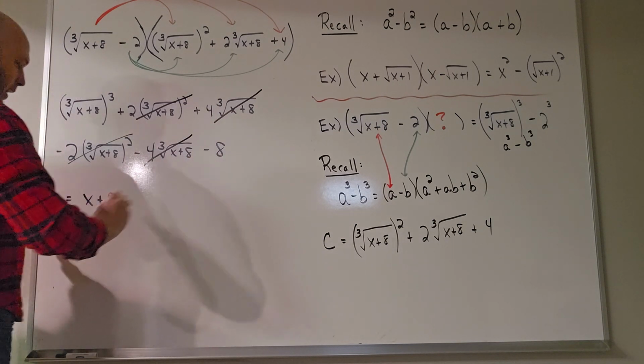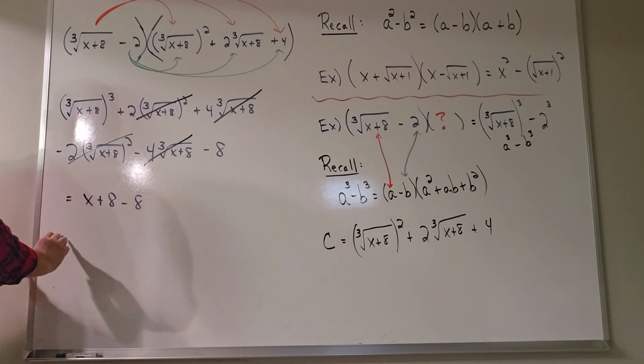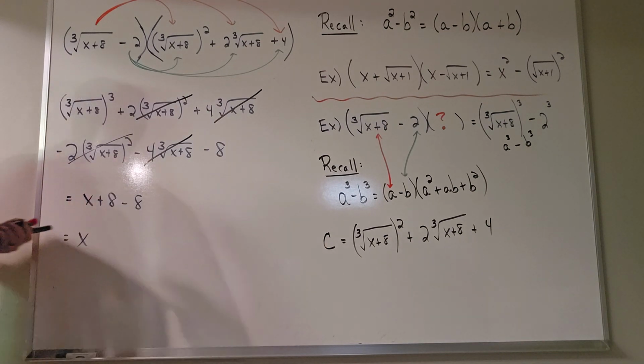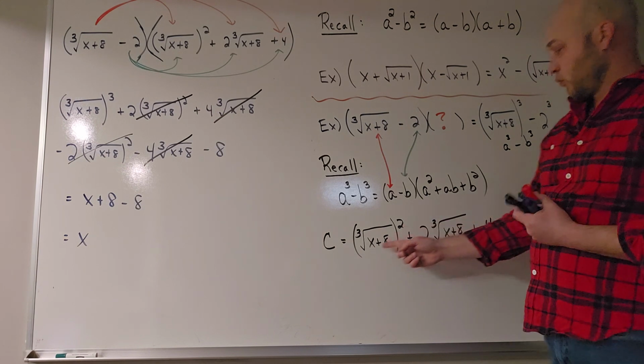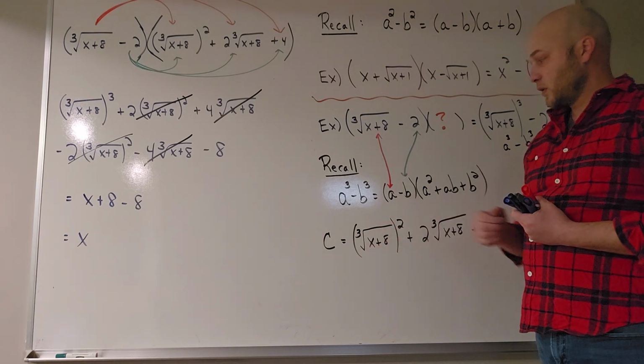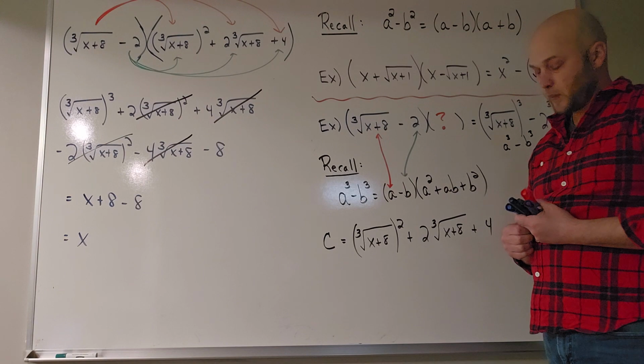Then I have a minus 8, leaving x. So we did eliminate the radical. So again, for a cube root, you have to use the difference of cubes factorization formula.